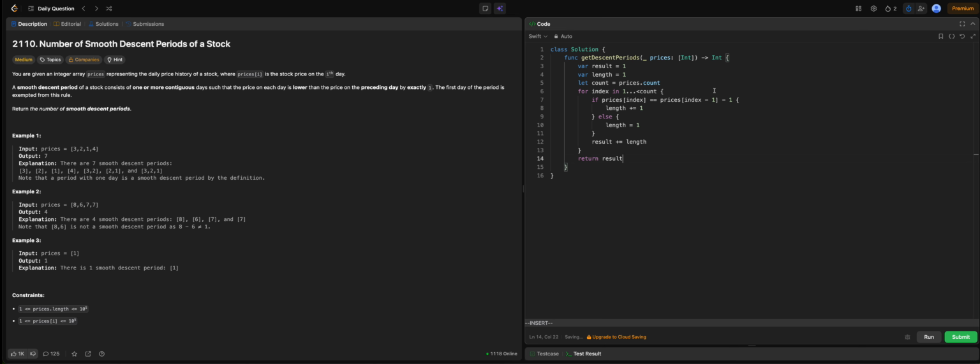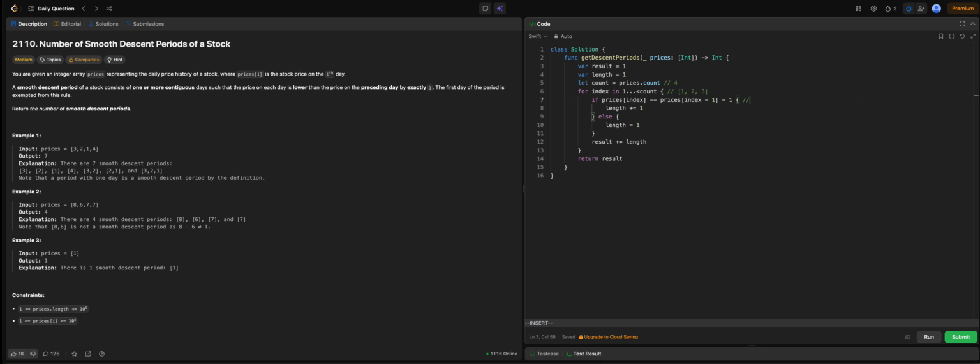So if I have to dry run through this problem, let's go with the first example. We have a count of 4, and we're going from index 1, 2, 3.